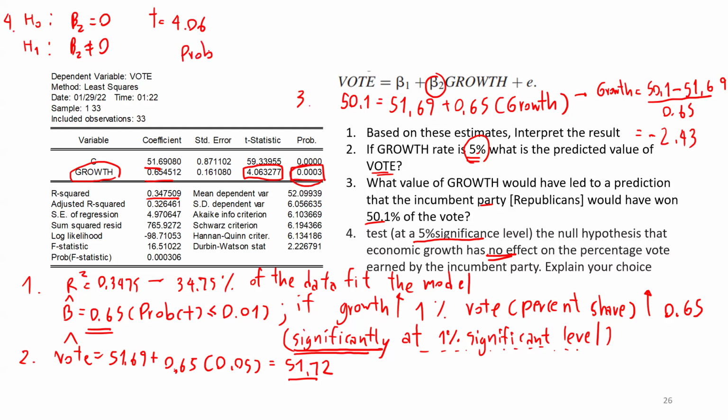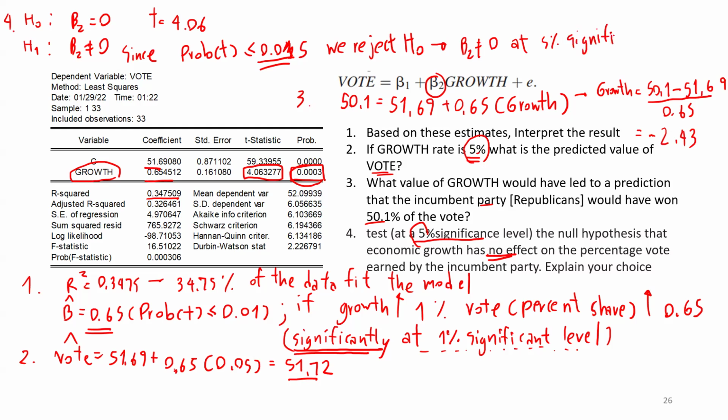Since the prob is less than or equal to 0.05, we reject H0, then beta 2 not equal to 0 at the 5% significance level.